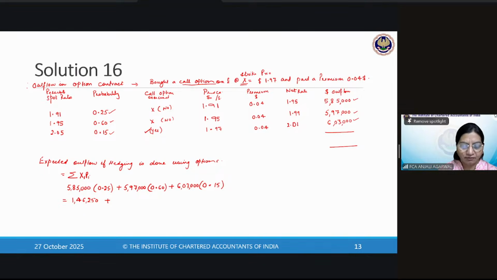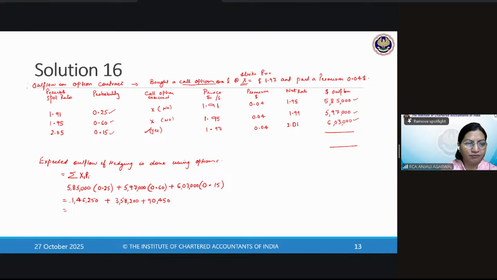The expected value of the outflow in the second scenario is 3,58,200, and in the third scenario, 6,03,000 into 0.15 is 90,450.